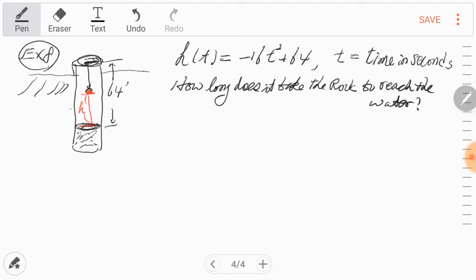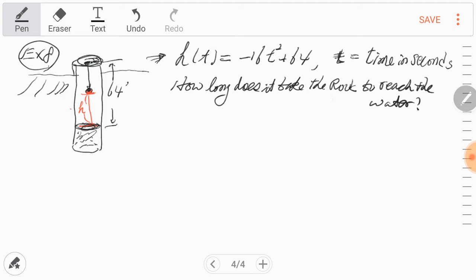The equation of the height is given, and t is the time in seconds after the rock is released. So we are looking for how long it takes for the rock to reach the water.